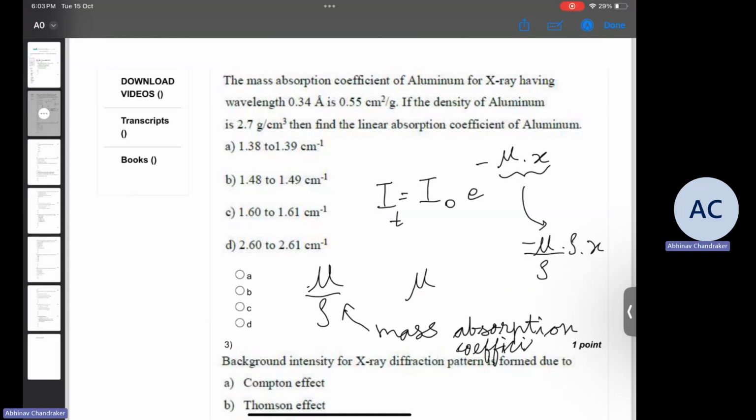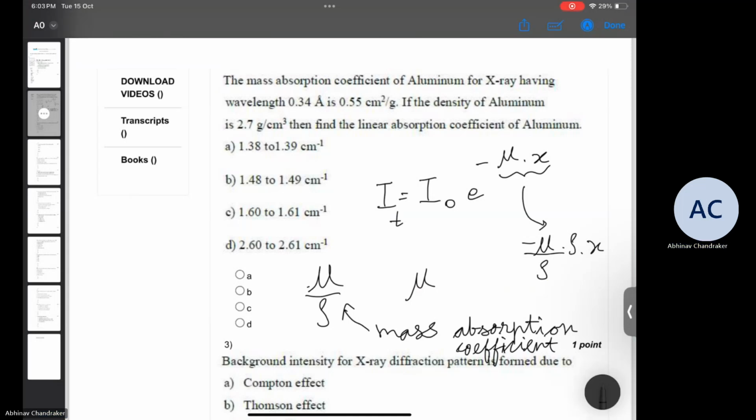Okay, I think I have confused this. I'll repeat again. Mu by rho will be constant for all states, whether the material is in gaseous, liquid, or solid state.